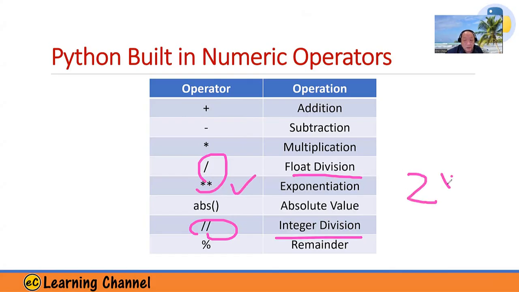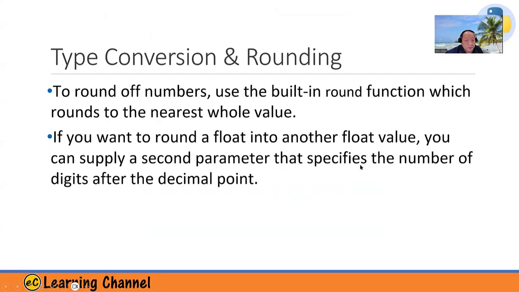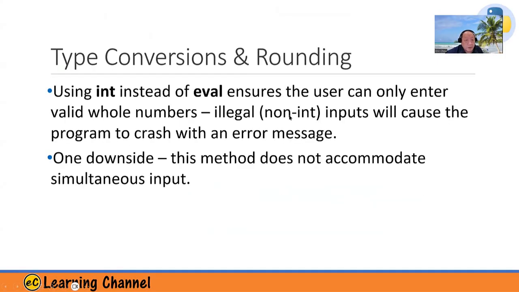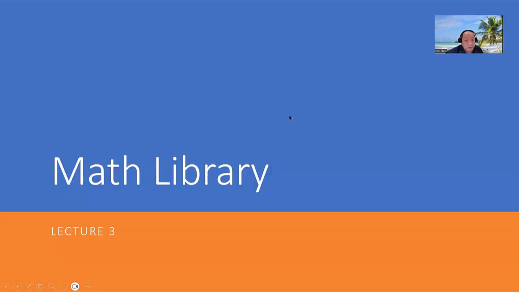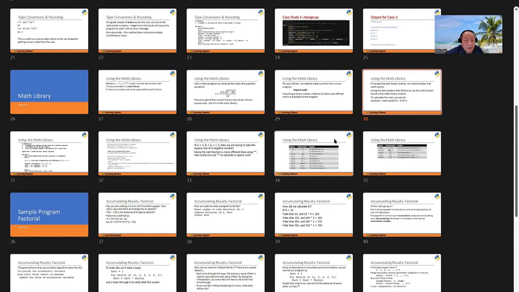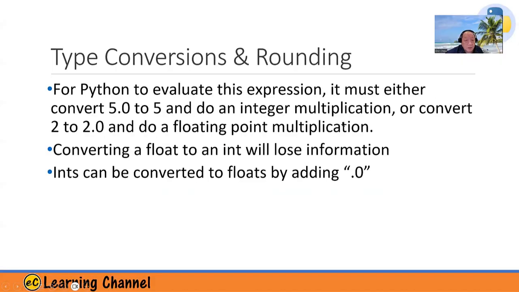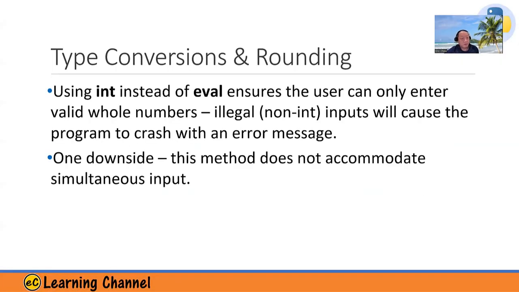Exponential, 2 raised to the power 2, this one is special. And then remainder. The rounding, we talked about it already. This rounding part is okay. I think everyone is okay with this one.